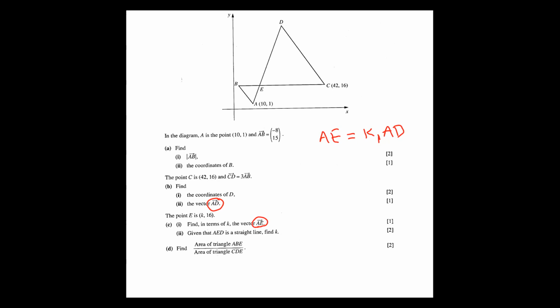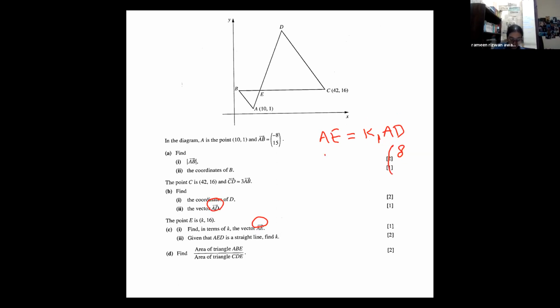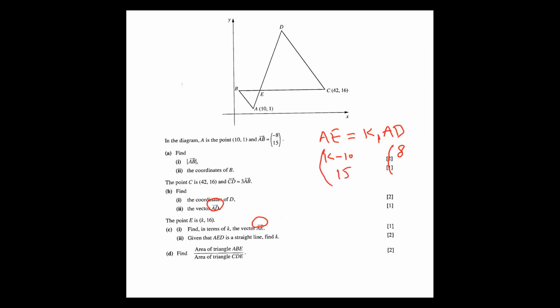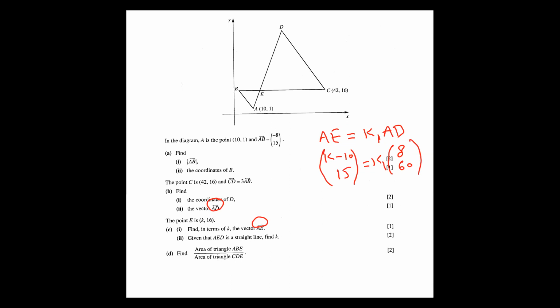Raise your hand so that I can unmute you. Sir, AE is K minus 10 over 15. Yes. And AD is 860. So K minus 10 over 15 is equal to K 1 times 860.